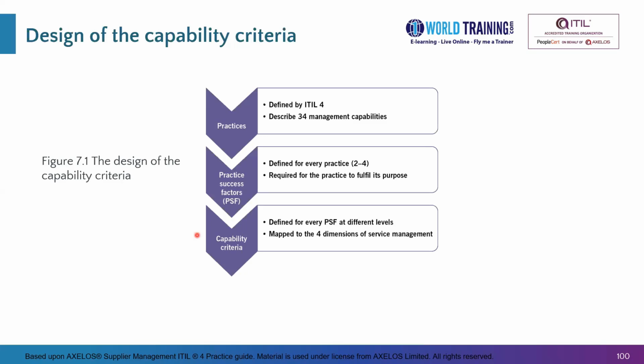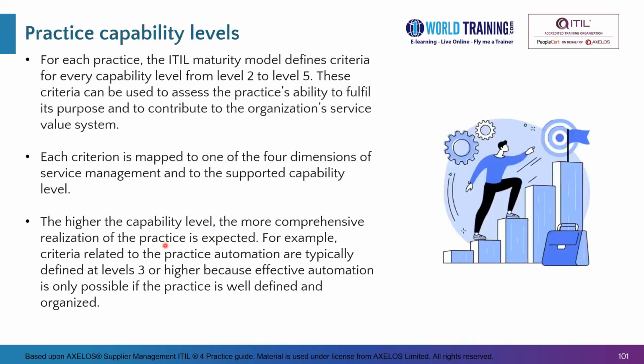So for example, for the first PSF, which is about the sourcing strategy, there could be several criteria and they are mapped to different levels and also the different dimensions of service management. Some of the criteria could be people related, some process related, some suppliers related, and some information technology related. So that's what we are going to delve into shortly. And what I just explained is actually mentioned on this slide.